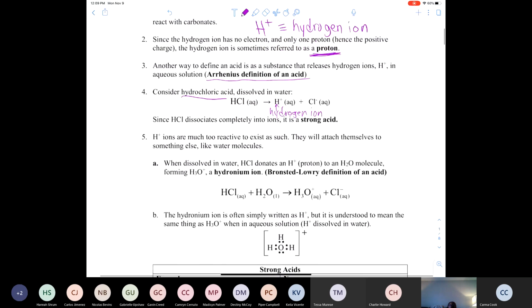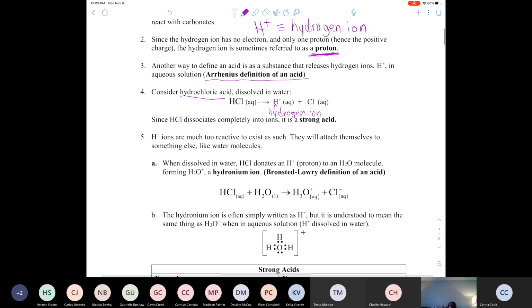And when we see the dissociation of the HCl into its two ions, you have the forward arrow. And that means that the HCl dissociates completely into its two individual ions. That is what makes it a strong acid.